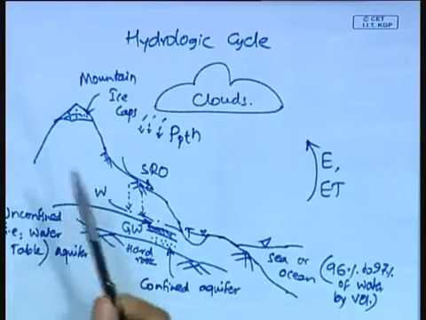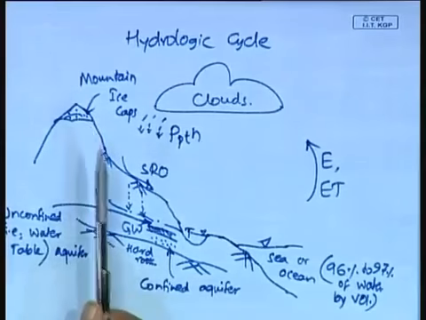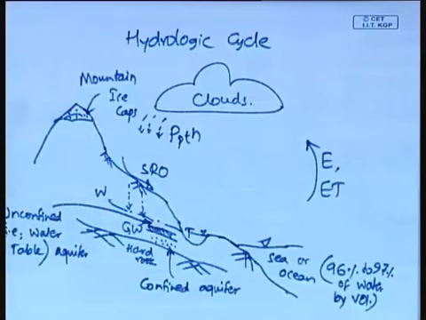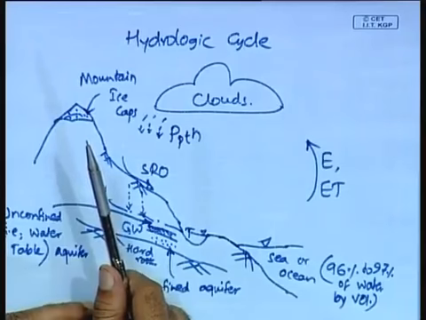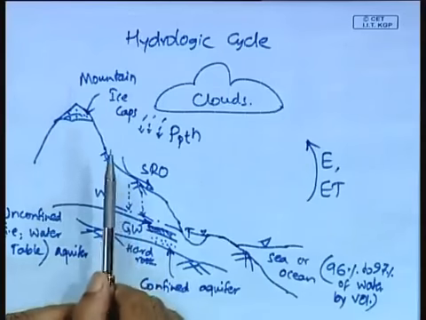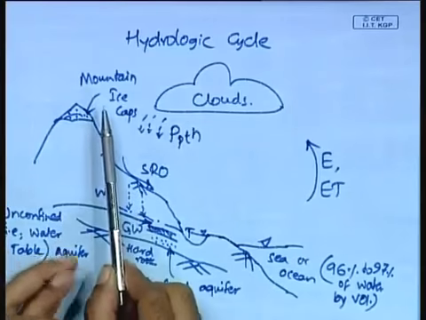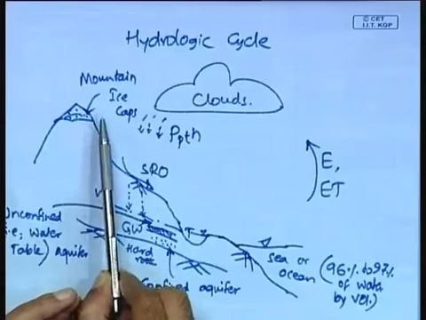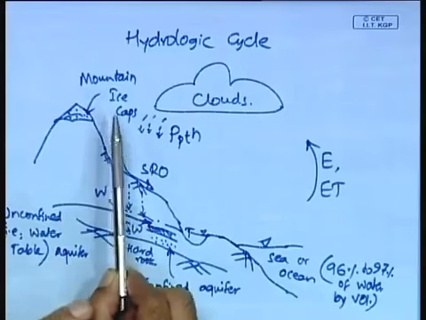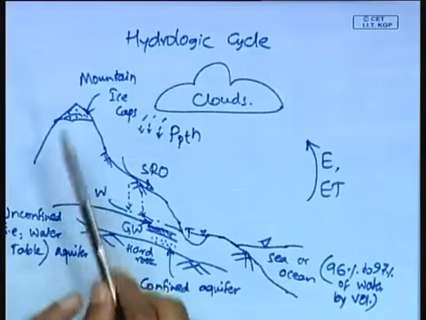On the other hand, at the same time, the recent climate change and associated impacts are also affecting this. These climate change impacts are causing the melting of mountain ice caps, polar ice as well as glaciers.